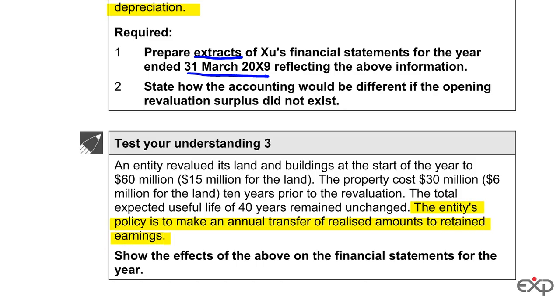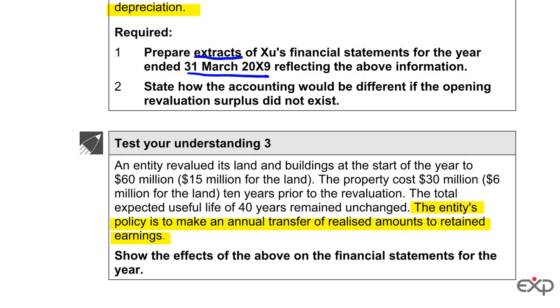Now, what you'll find is that by revaluing a non-current asset upwards, it has the effect of, once you depreciate it, creating a larger depreciation expense in your statement of profit or loss. What this does is reduces your retained earnings. It reduces the amount of profits, therefore, that you can pay to your shareholders as dividends.